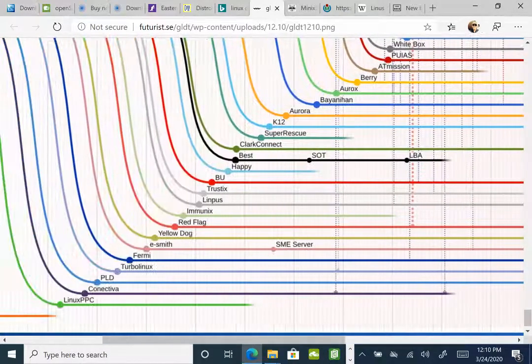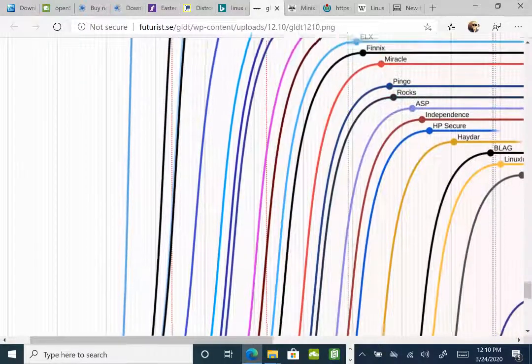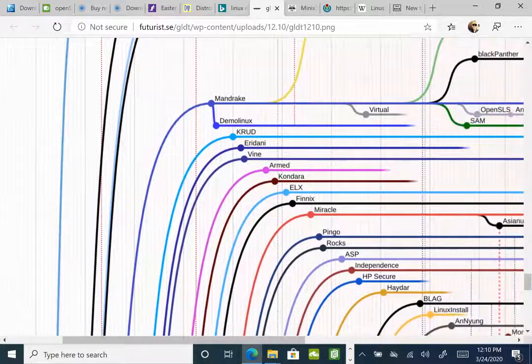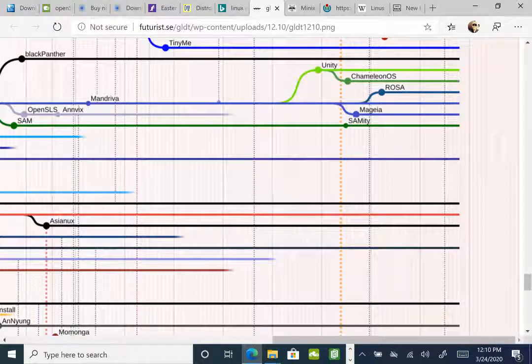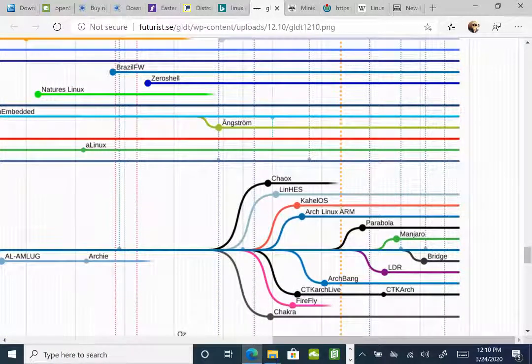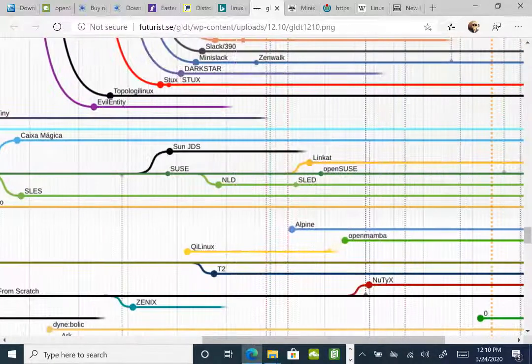Let me see if there's any others I was going to look at. OpenSUSE. Mandrake is very popular. It's come down. It's now these different ones, Chameleon OS. And here we are coming up to Slackware.